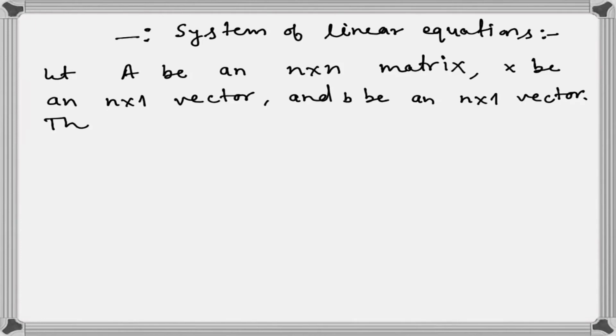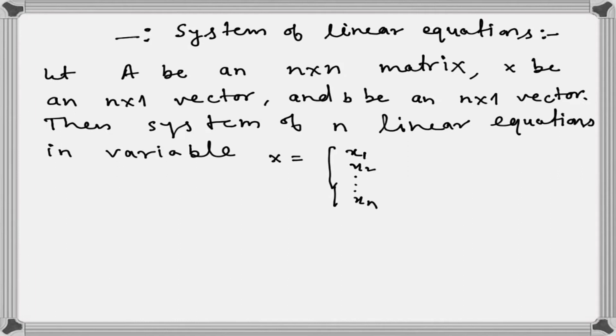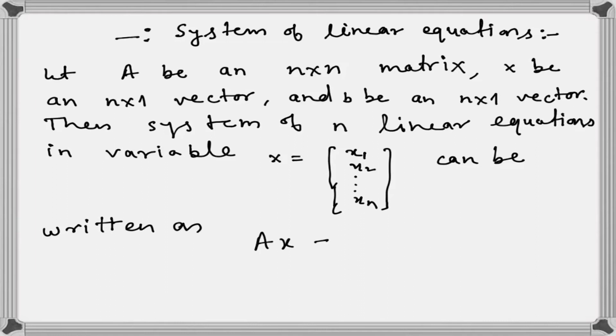Then a system of linear equations in variable x can be written as Ax equals b.